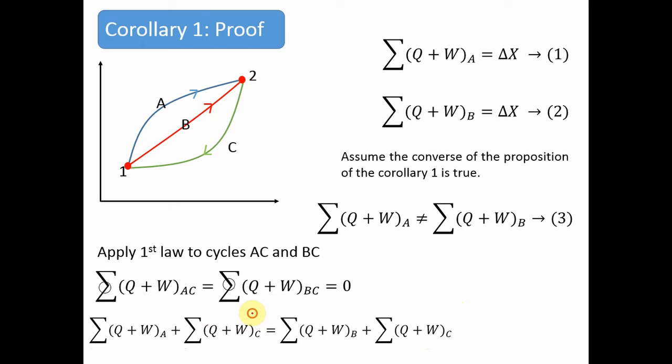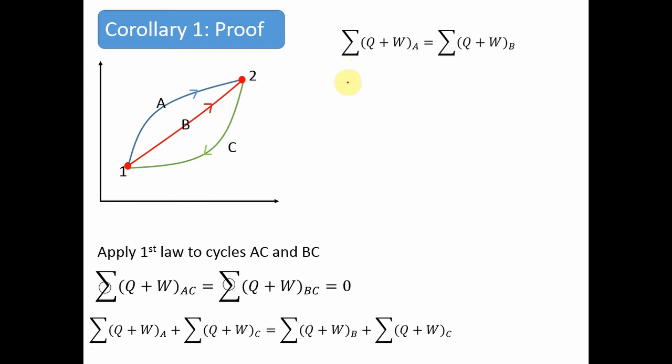Therefore, these two terms cancel out. Eventually, that will result in summation of heat and work transfer along path A is equal to the summation of heat and work transfer along path B.